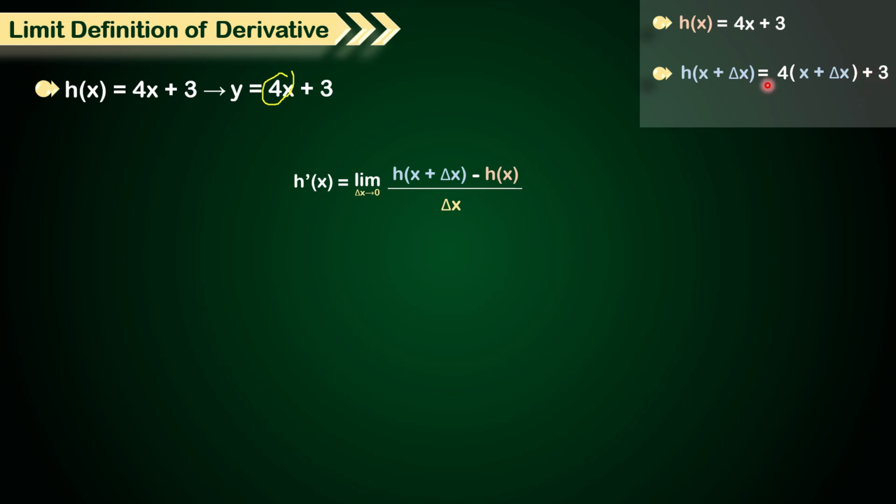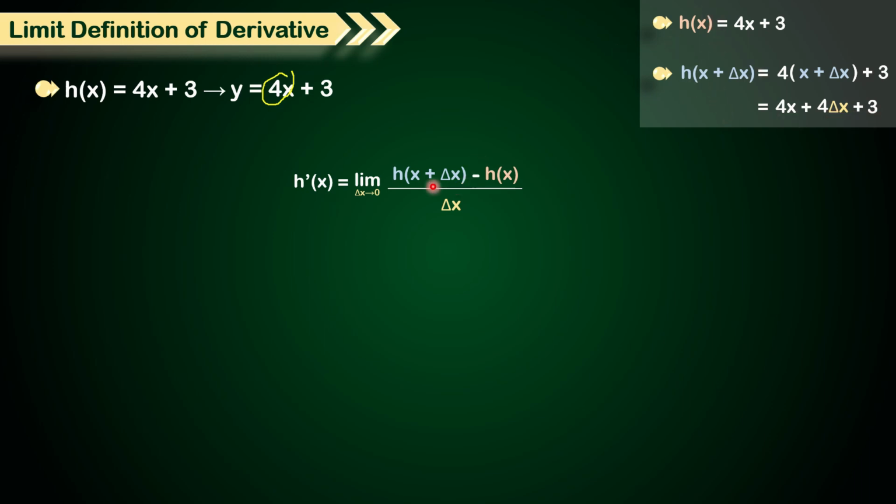Distribute 4 to each term of x plus delta x, and it is equal to 4x plus 4 delta x added to 3. Substitute into the definition of derivative.